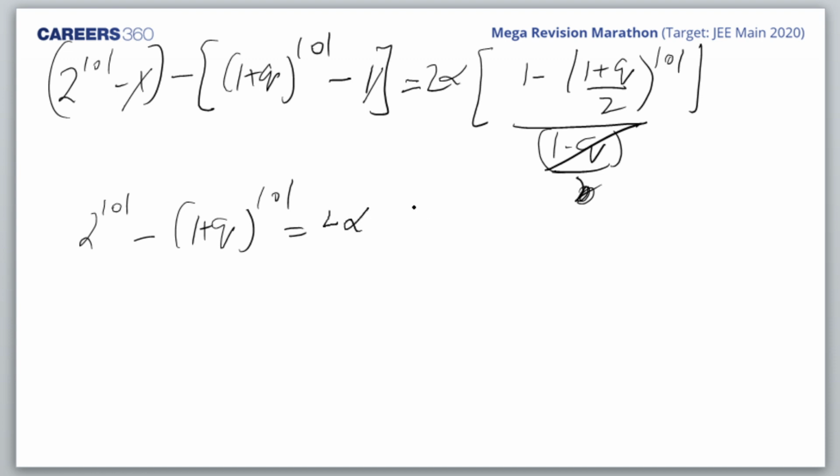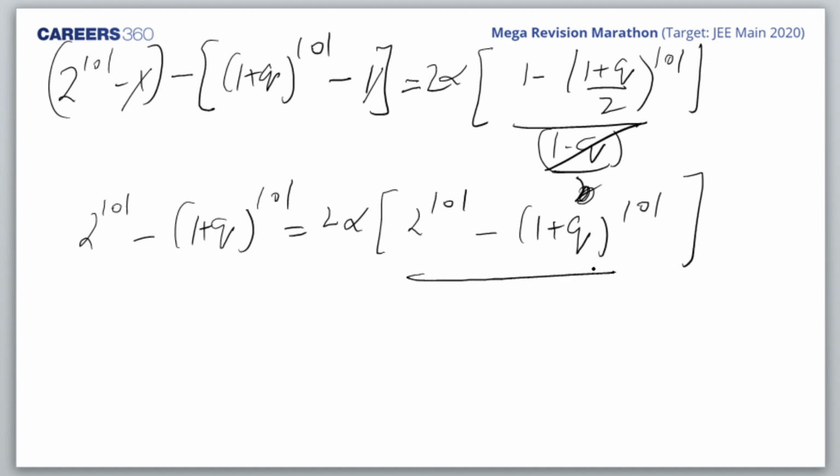I get 2 alpha and (2 raised to 101 minus (1 plus q) raised to power 101) upon 2 raised to 101. Am I right? So what would be alpha? Tell me. It's simple only. Alpha would be 2 raised to power 100, because then this and this would cancel and the left hand side would be equal to the right hand side.